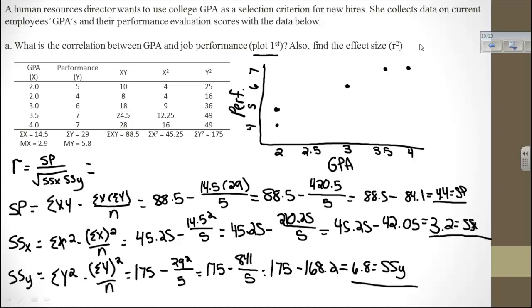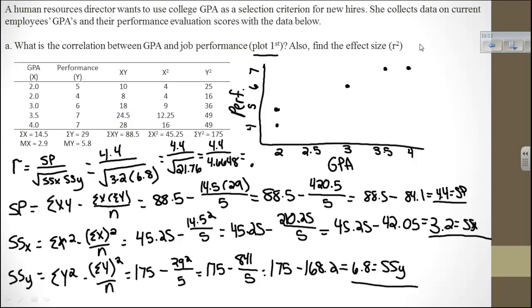Now I'll plug this in. And we have a correlation of 0.943. It's super strong. And yes, it is positive.